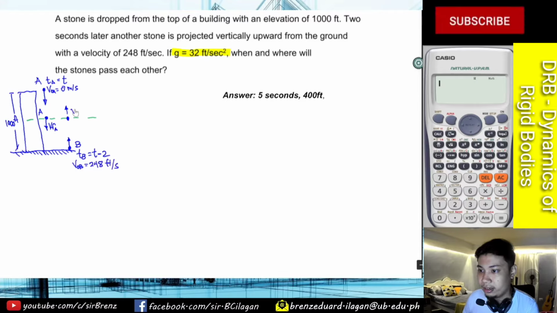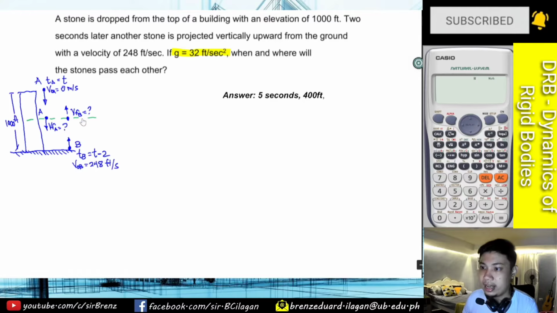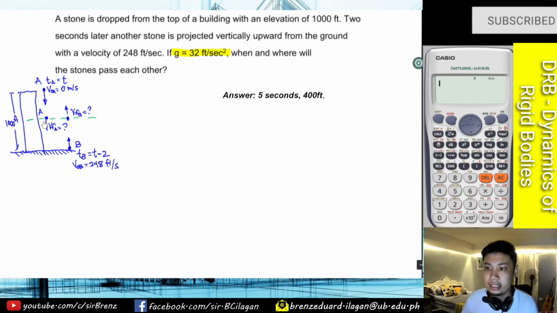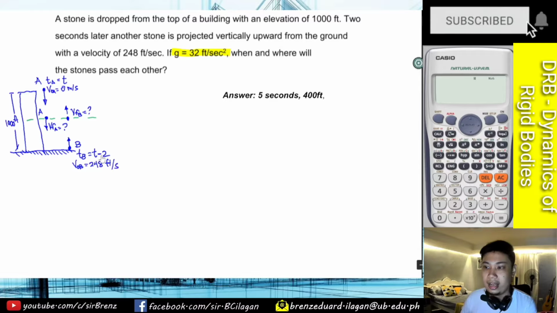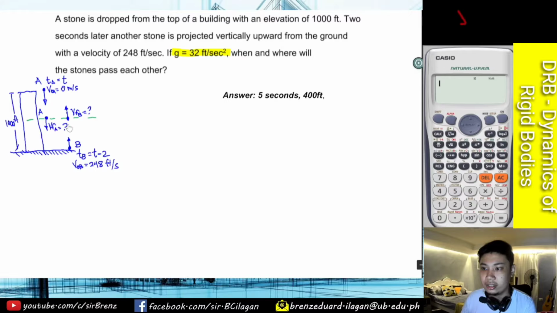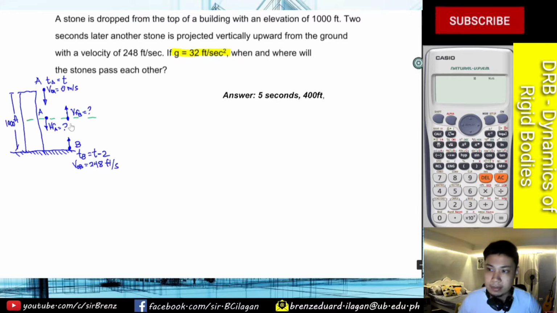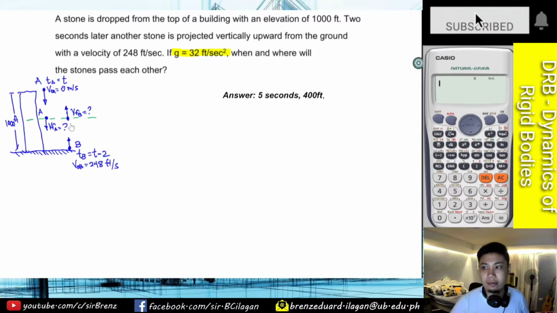Somewhere here it will have a final velocity, which we don't know. But we can have an idea that the final velocity of B when it reaches the same level as stone A will be a lesser value compared to the initial velocity, because it moves against gravity, so it slows down. And the final velocity of stone A, since it is dropped and acting along the gravitational acceleration, will be larger, coming from 0.